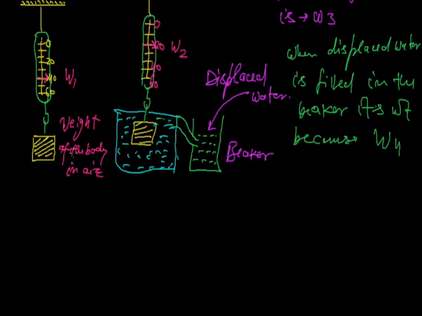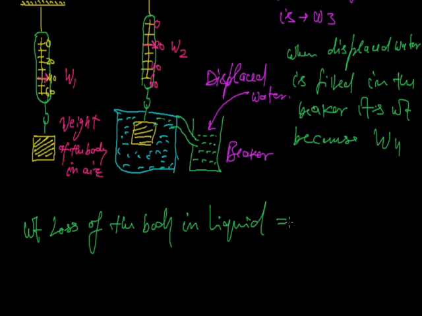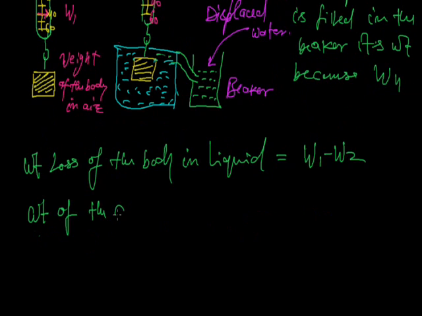So we can see the weight loss of the body in liquid. The initial weight of the body in air is W1 and the weight of the body in liquid is W2. So the weight loss of the body in liquid will be W1 minus W2, and the weight of the displaced liquid is the weight of beaker plus displaced liquid minus the weight of the empty beaker.